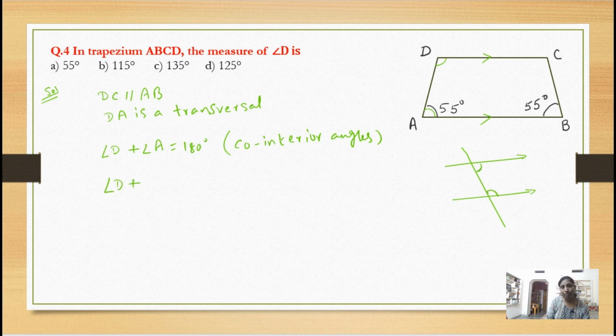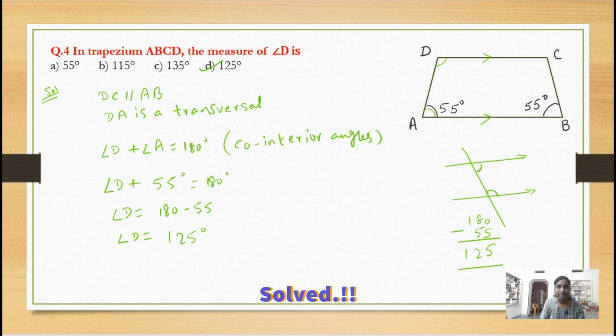Angle D we have to find out and angle A is 55 degree, so the sum is equal to 180 degree. Now angle D is equal to 180 minus 55 degree. So angle D is equal to what? 180 minus 55. 10 minus 5 is 5. We will have 7 here. 7 minus 5 is 2. 125 degree. Which option is correct? Option D is correct.